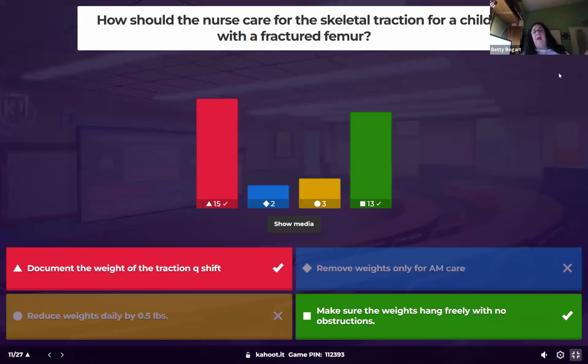So when you have a child with a fractured femur, they're in Buck's traction, make sure that we document the weight that's hanging there, what's the weight? Make sure that it is free moving, right? Very important. Never, ever take it off. And no, you would never reduce it.